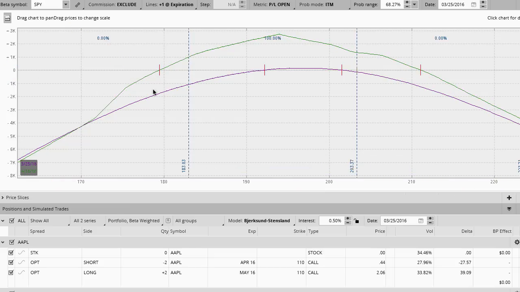So what's really cool about this is, for example, right here at 190, if the market was to trade down to 190 at expiration, and again, this is all SPY, our portfolio overall would make $2,000 right now as it stands.